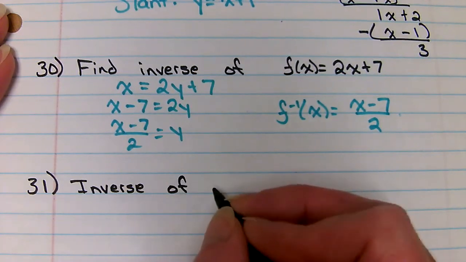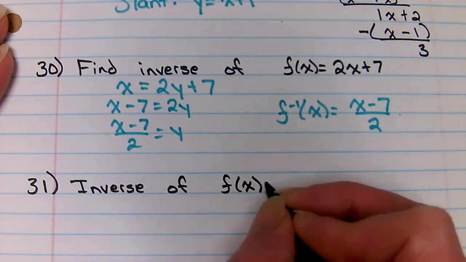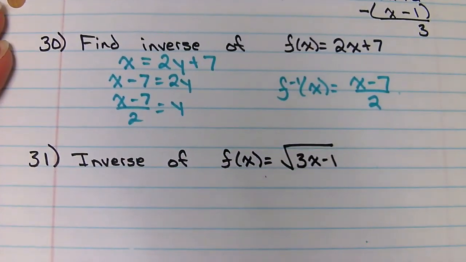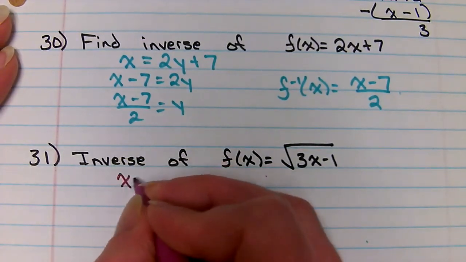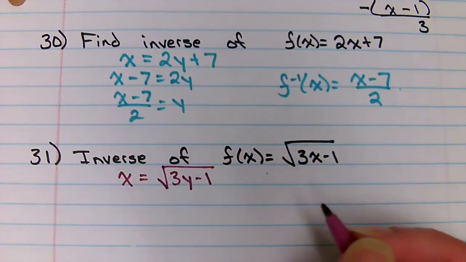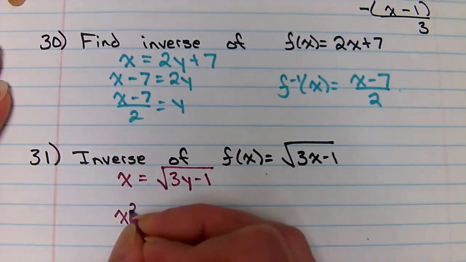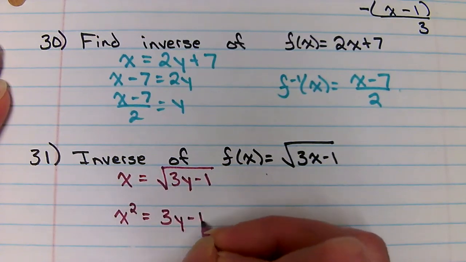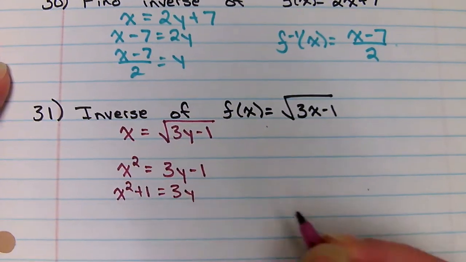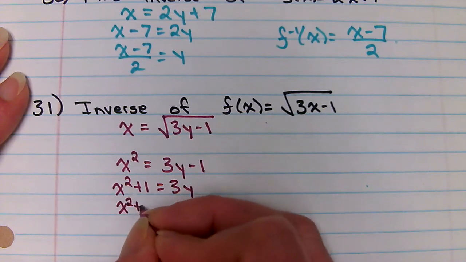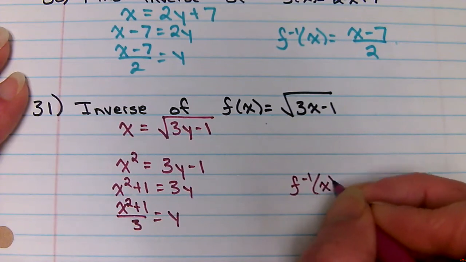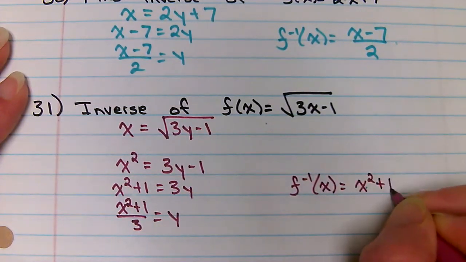Do another inverse. Switch x and y. Now, if I'm trying to solve for y, I've got to square both sides. Then add 1. Then divide by 3. So my inverse would be x squared plus 1 divided by 3.